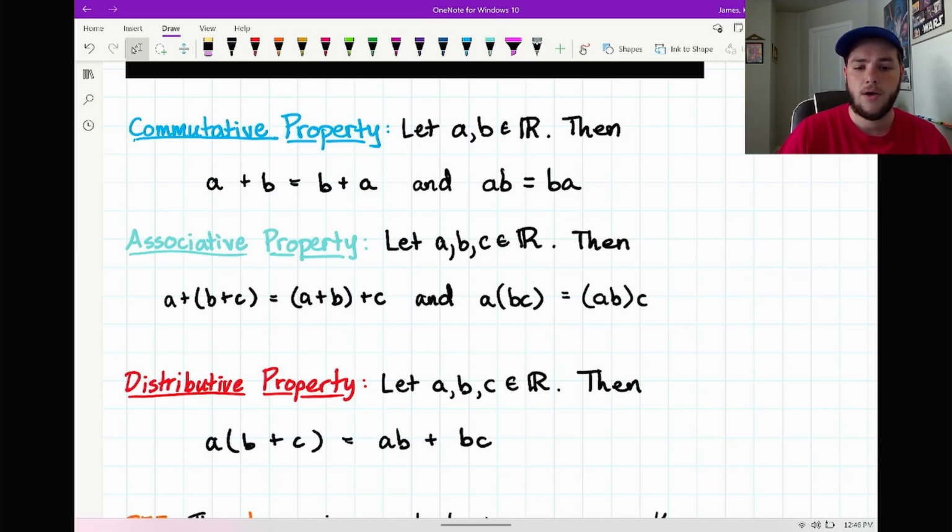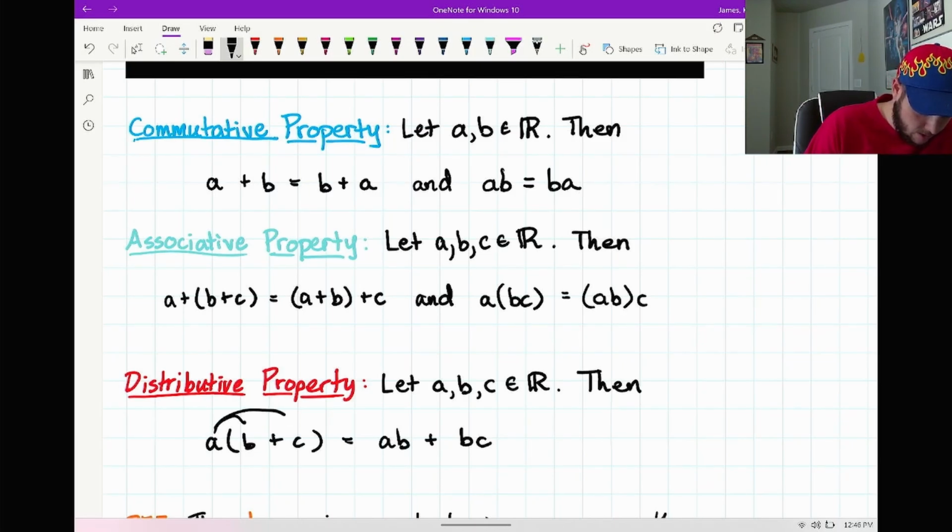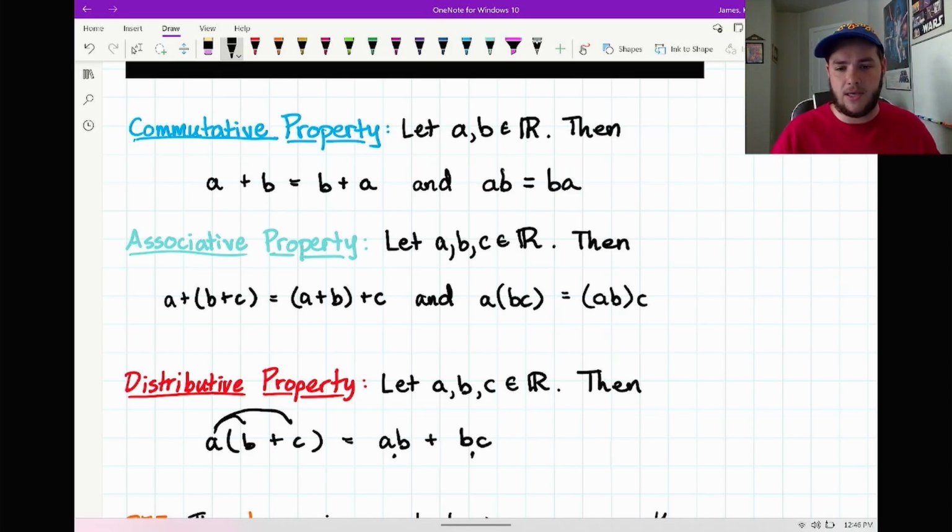Right? So I can distribute a across the sum. And notice now I have a times b and a times c. Oh, that should say a times c. My bad.